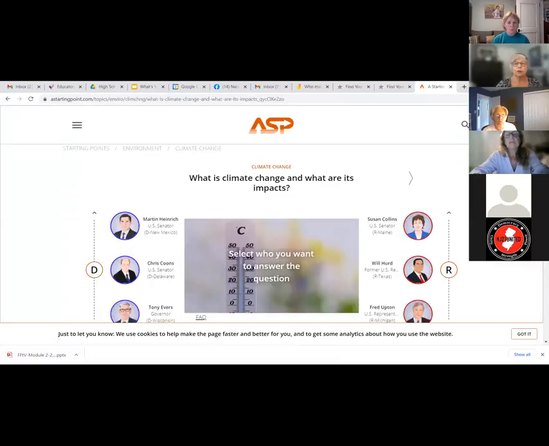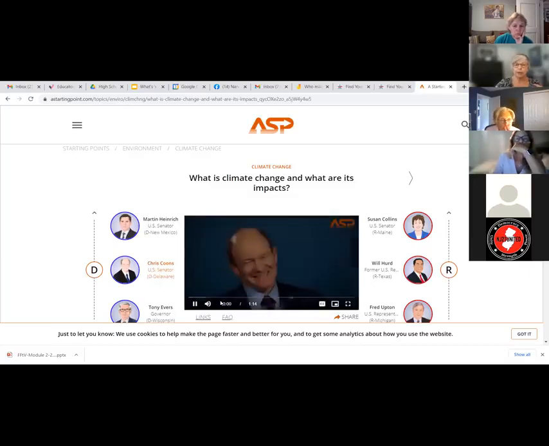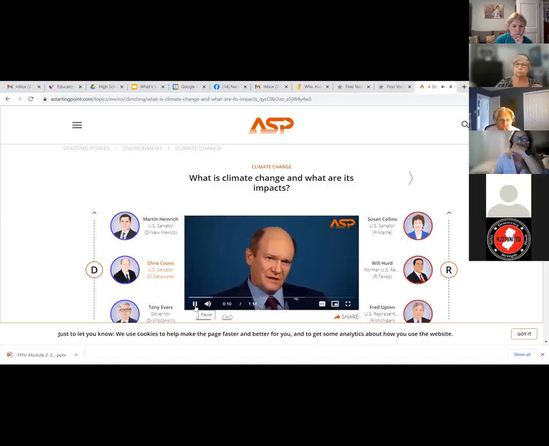Well, actually, these have changed, so I'm going to do this one. I try to look at this ahead of time and find a shorter clip on each side. So if these happen to be longer, I'm going to stop them after about 30 seconds so that you can just get the idea. So when you talk about what's climate change and what are its impacts, I like to call it not climate change, but climate weirdness, because when we called it global warming, some folks thought that meant it was just simply going to consistently get warmer year after year after year.